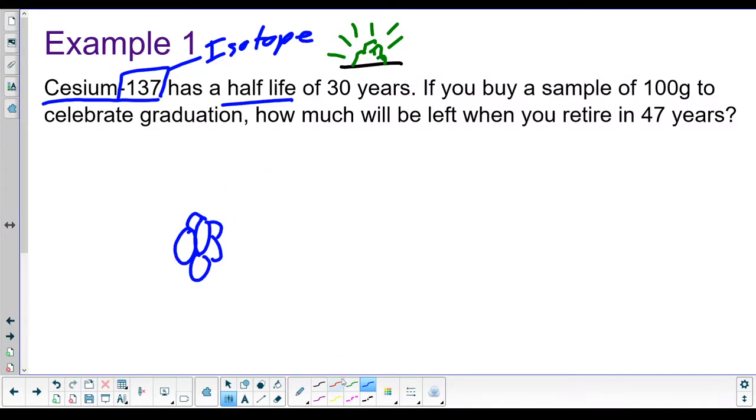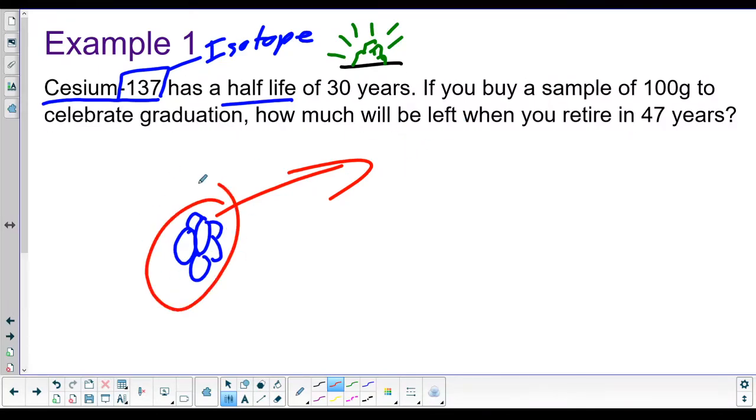Eventually they jiggle so hard that it flies apart and shoots off some stuff, and then this will turn into something else. It won't be cesium anymore. I looked it up, I think cesium decays into barium. But basically, this radioactivity, the stuff that gives you cancer, are tiny pieces of this atom that fly off and damage your cells, and that's what makes you sick.